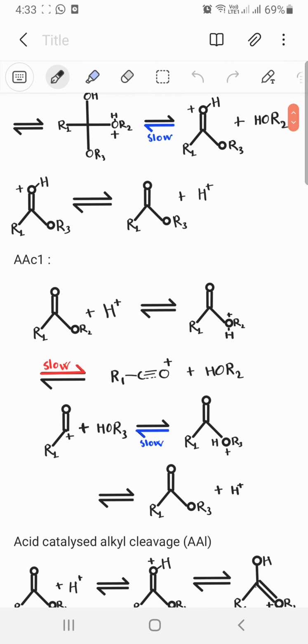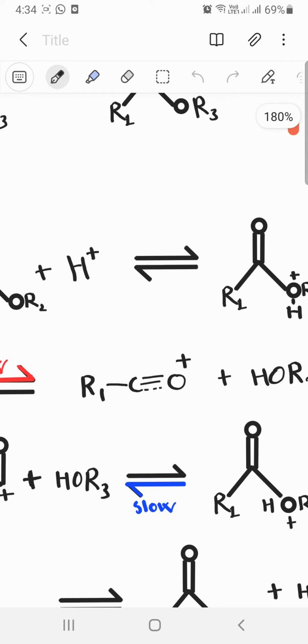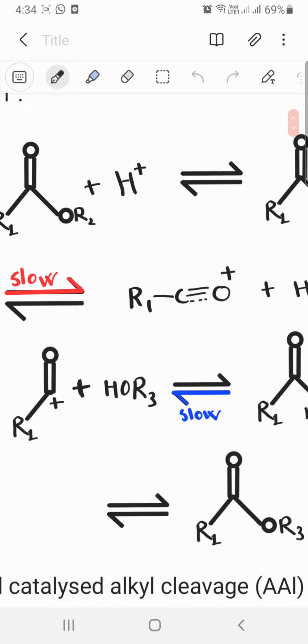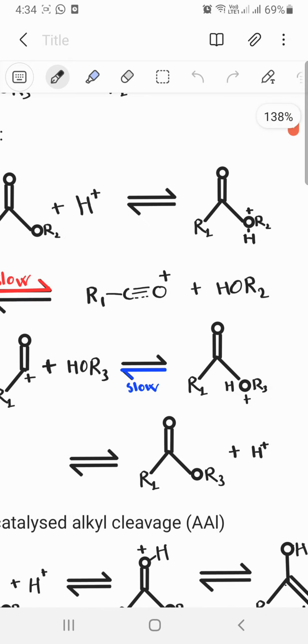it could also be AAC1, where you first of all protonate it and make it leave, forming this kind of species, which is, I mean, it's relatively stable. So it's the acyl thing but a carbocation. Okay, and then treat it with HOR2.